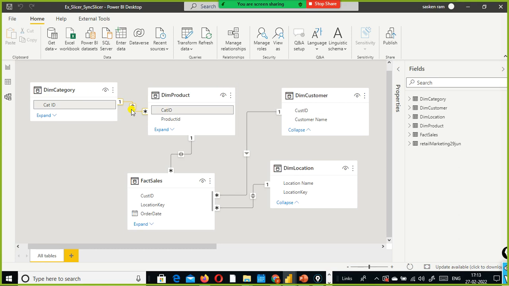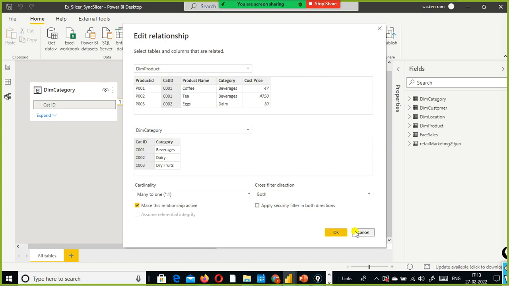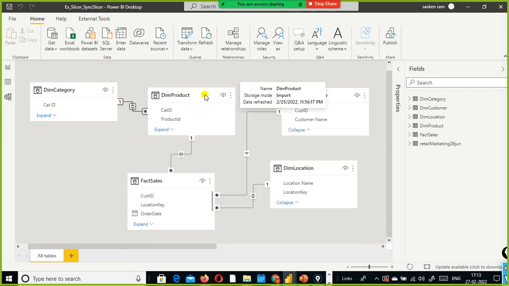For example, if here I enable the bidirectional relationship. If I want this product table to filter the category dimension, it is the opposite direction, right? Why just disable this one? Because the data is flowing from the category dimension to the product dimension.